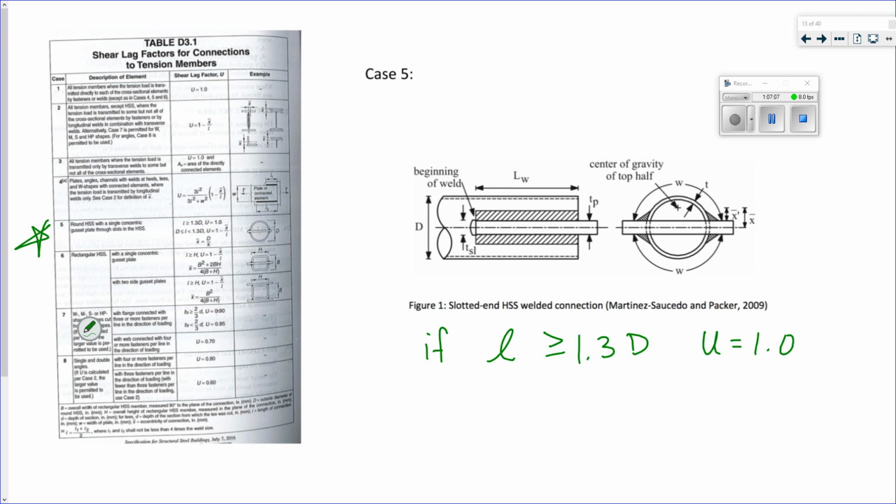Otherwise, if your length is between 1 and 1.3 of your diameter, you have to use the 1 minus x bar over L, which is just like case 2, right?